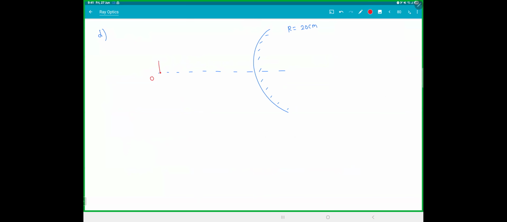Let's say this time the object is going vertically up, perpendicular to the principal axis.